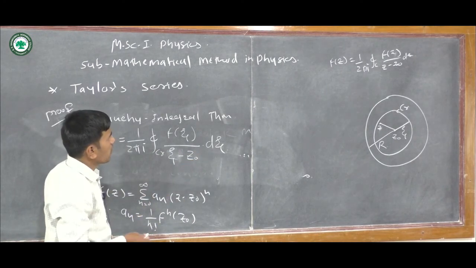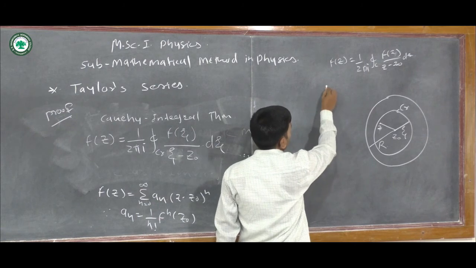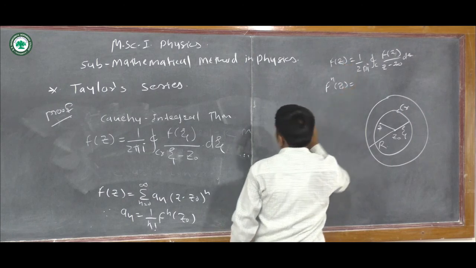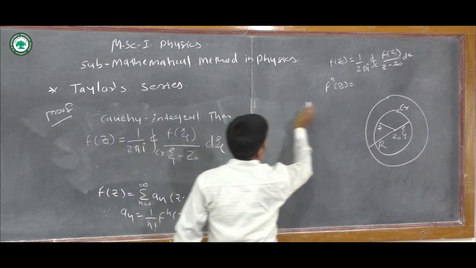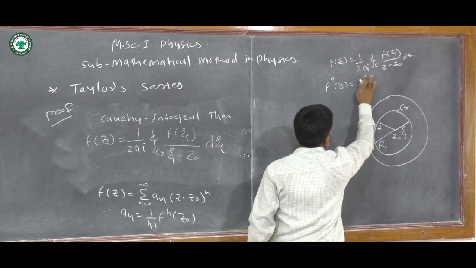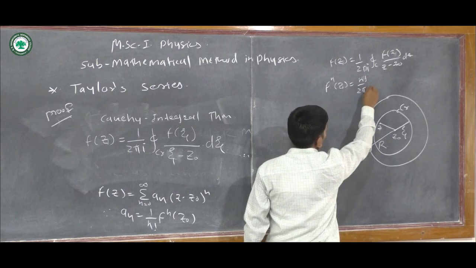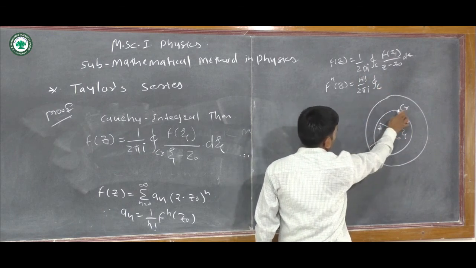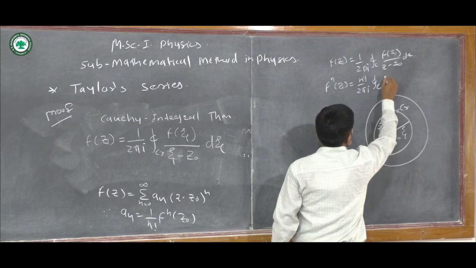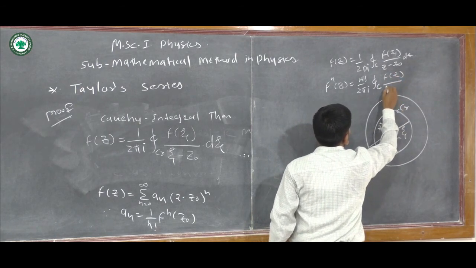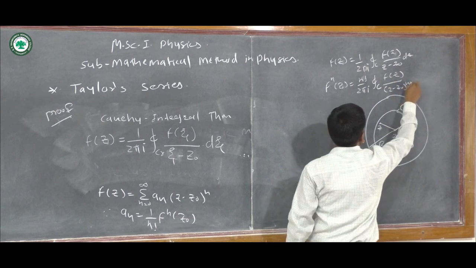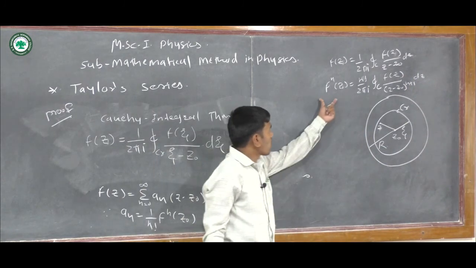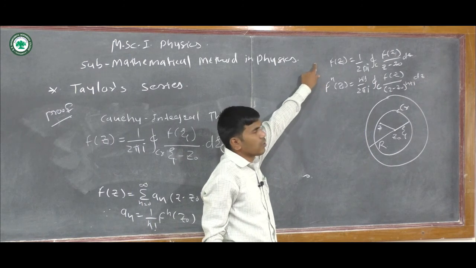For the nth derivative we also know the Cauchy integral formula: f^(n)(z0) = n!/(2 pi i) closed integral over CR of f(z)/(z - z0)^(n+1) dz. This is the Cauchy integral formula for the nth derivative.